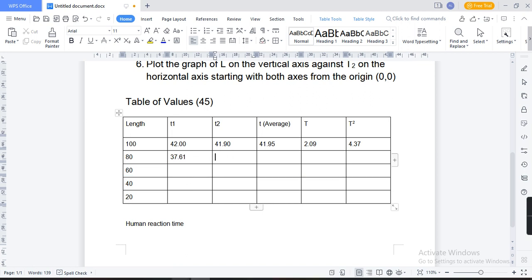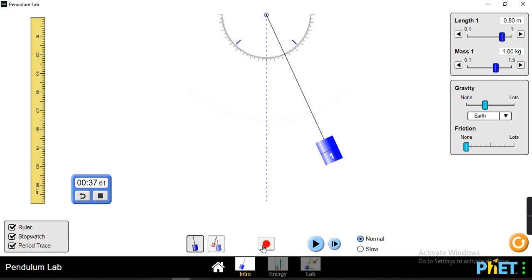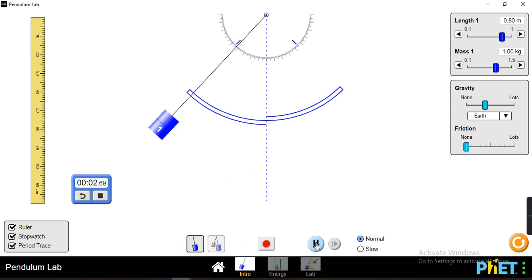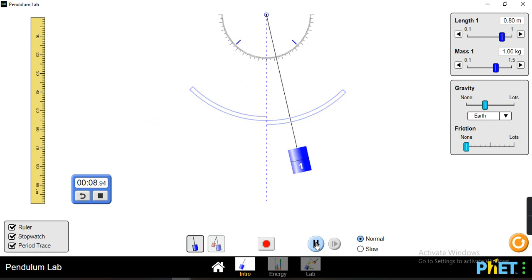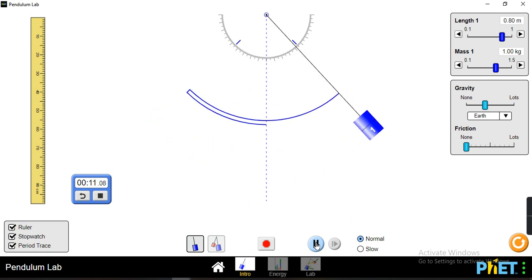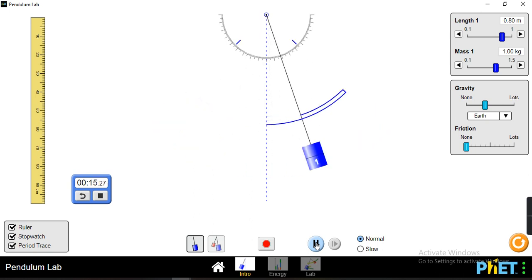For the second time, let me reset the time. Let's go. Display at angle 45. This is 1, this is 2, 3 and 4, 5, 6, 7 and 8.